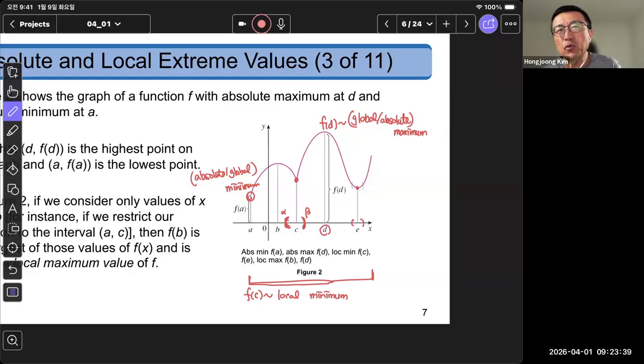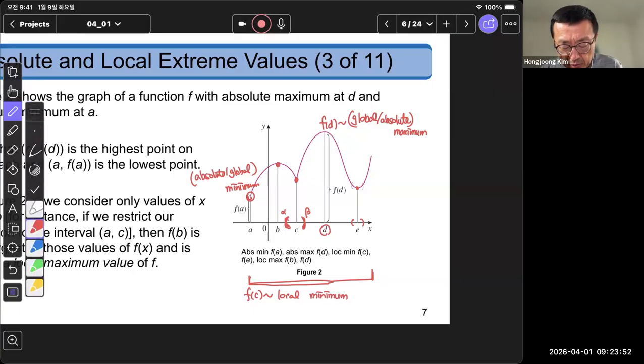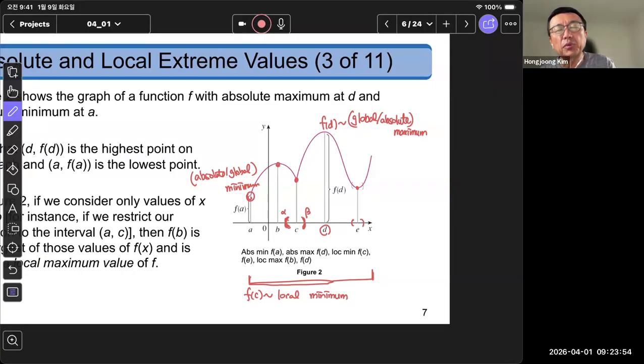In case of B, we have the opposite situation. When I look at some portion around B, you can find some interval, and on that interval the value of the function at B will be the largest value.